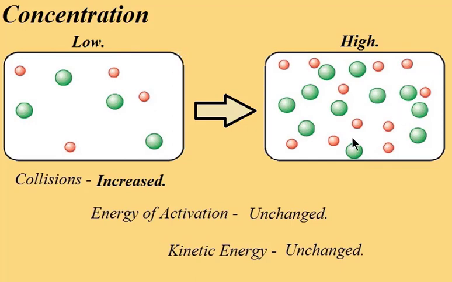Now, not all of the collisions will have the energy required to break the bonds. They will not have the energy of activation. If there's a sheer greater number of collisions, statistically, we should see more collisions which have the energy of activation and therefore a faster reaction.